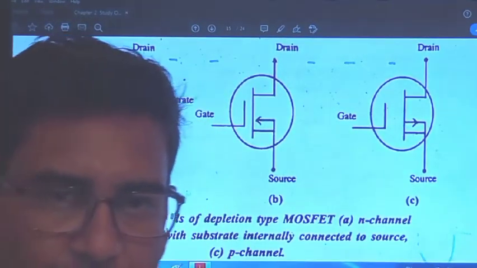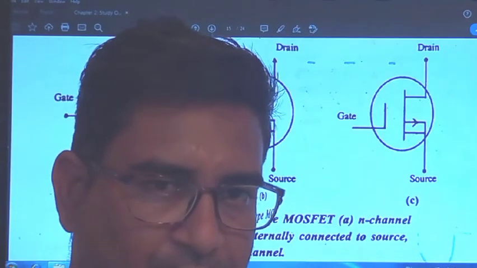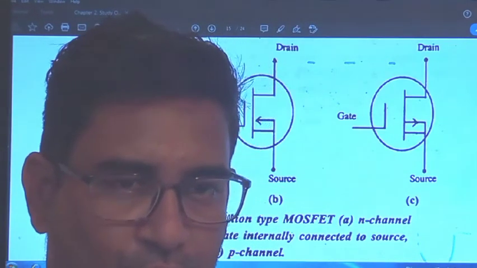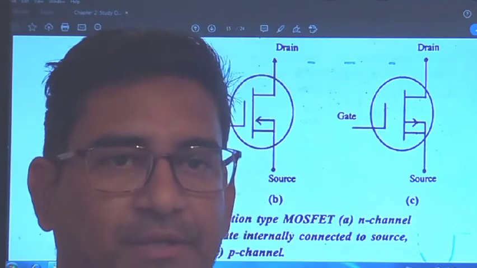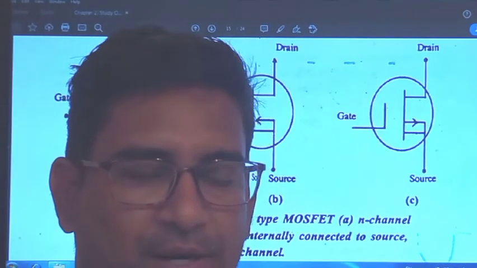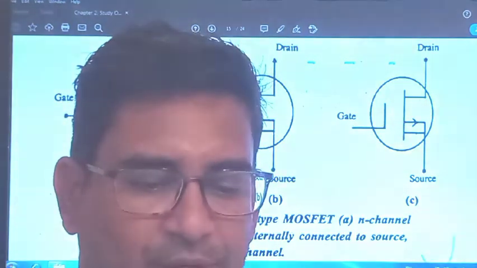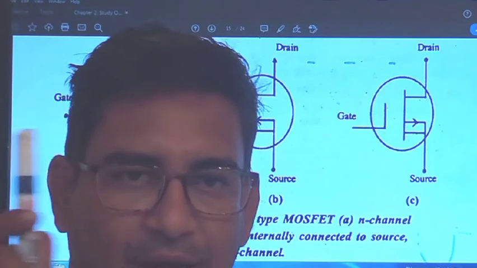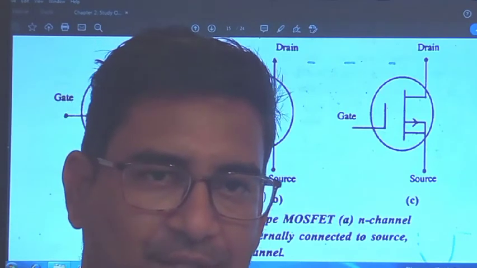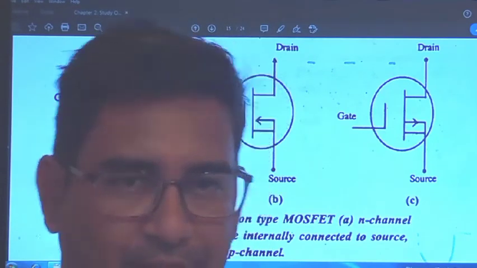Keep one thing very clearly in mind: from the arrow you indicate which is the N channel MOSFET and which is the P channel MOSFET. In the P channel the arrow is outside, and in the N channel the arrow is inside.